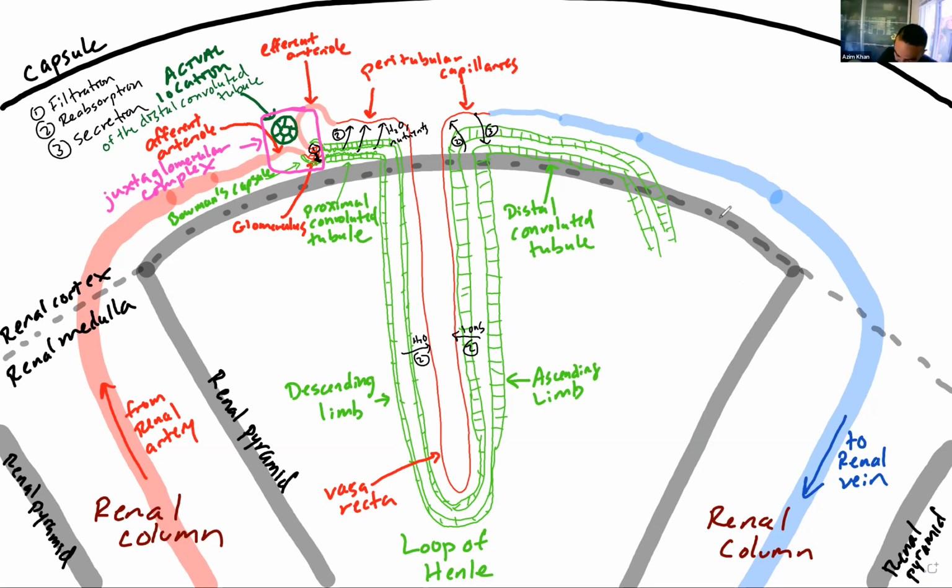There could be another connecting tubule over here, or over here, or over here. There's other nephrons. But then there's one collecting duct that these many nephrons get into.